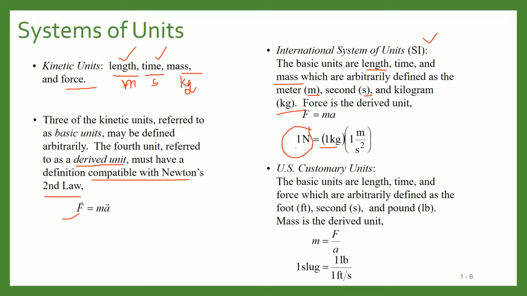Then you can have some other units also. In different countries, sometimes different units are used. For example, in the US, sometimes they use feet for length. For time, they use second, and for force, they use pound. So in the US, they are treating force as the basic quantity. Then mass is the derived unit in that case, and the unit of mass is slug, which equals 1 pound divided by 1 foot per second square.